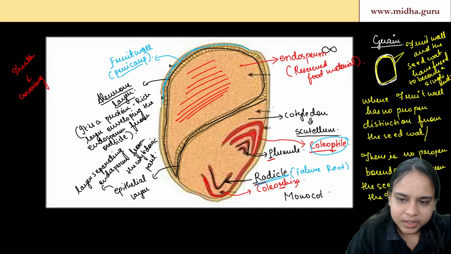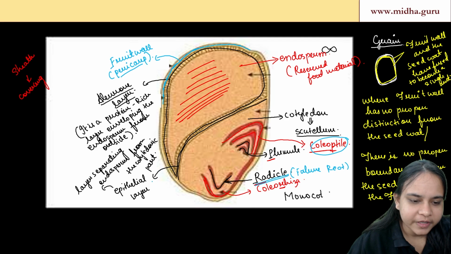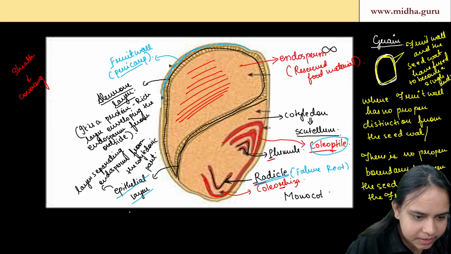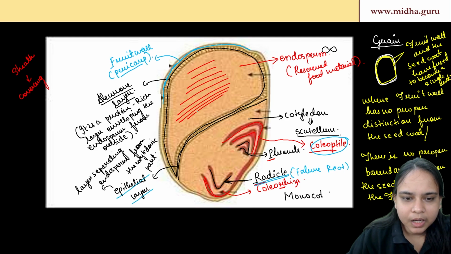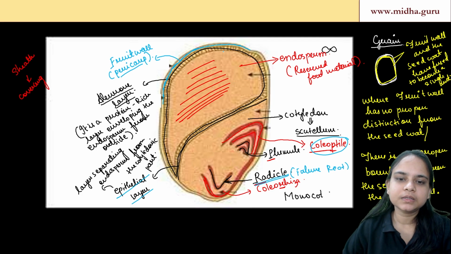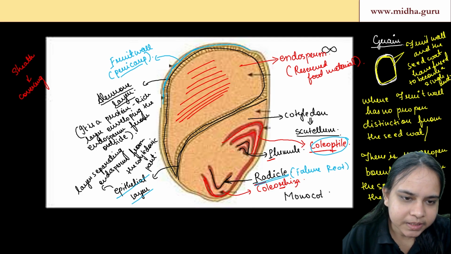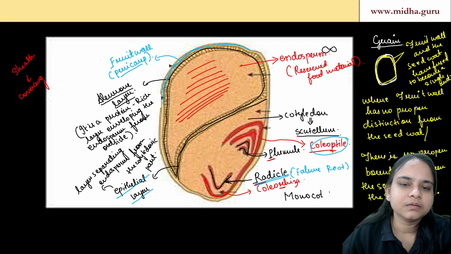Then this cotyledonic area and the endospermic compartment are prominently separated by a thin layer of epithelial tissue. Then, outside, covering the endospermic compartment, there is a thin protein rich layer.